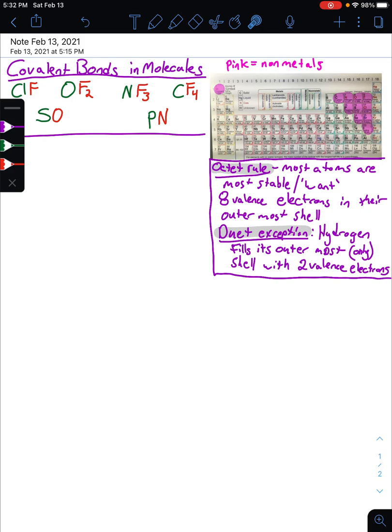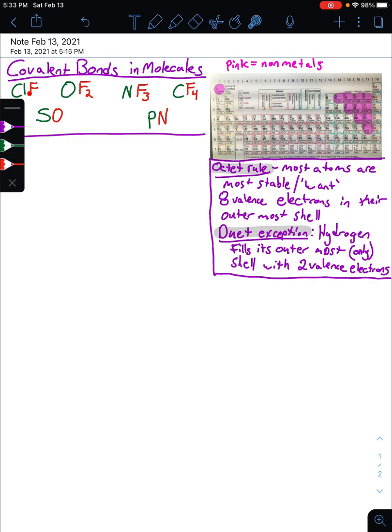All right, so we're going to look at each one of these one at a time. Chlorine and fluorine, oxygen and fluorine, nitrogen and fluorine, carbon and fluorine, sulfur and oxygen, phosphorus and nitrogen. For each of these first 4, we're going to see examples of single bonds.